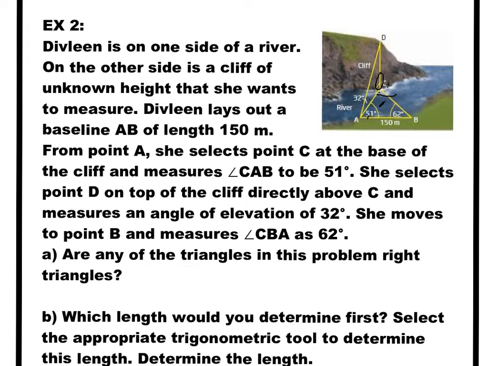Now the question is how am I going to find AC in the base triangle? I know the two angles are 62 and 51. I know one side is given to be 150. So I'm going to use the sine ratio in the base triangle to find the length AC.